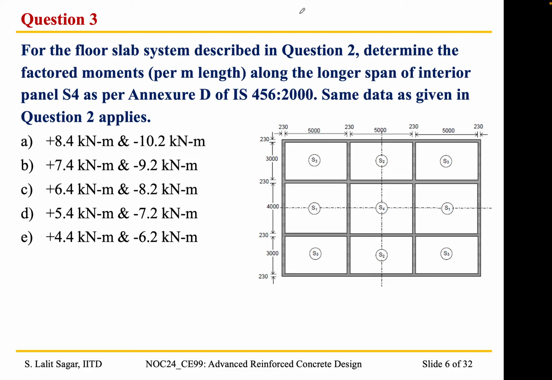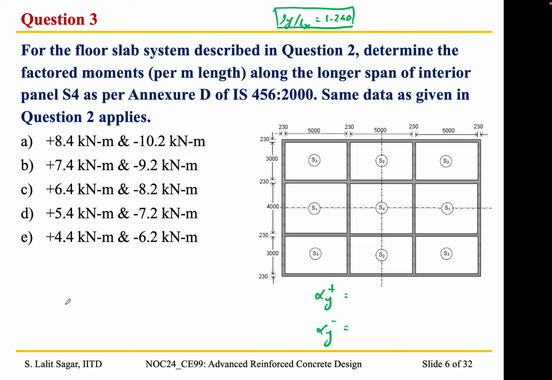So we have the ratio of the longer span to shorter span, Ly by Lx, is equal to 1.240. Correspondingly, we need to obtain the values of alpha y positive and alpha y negative.